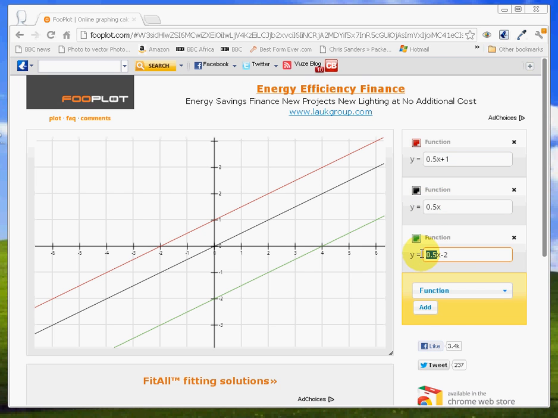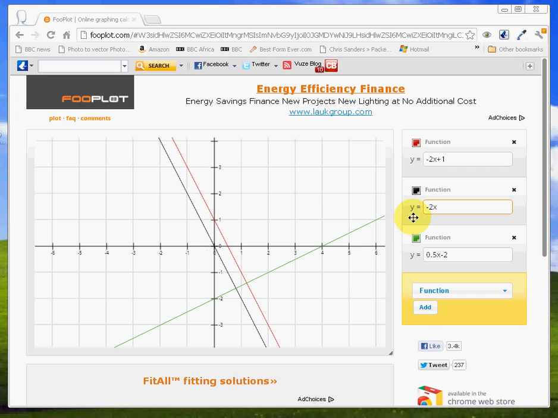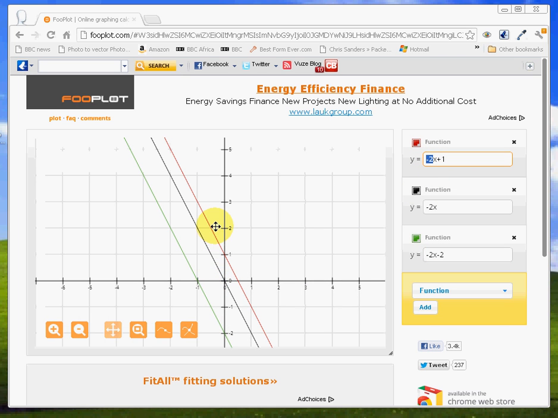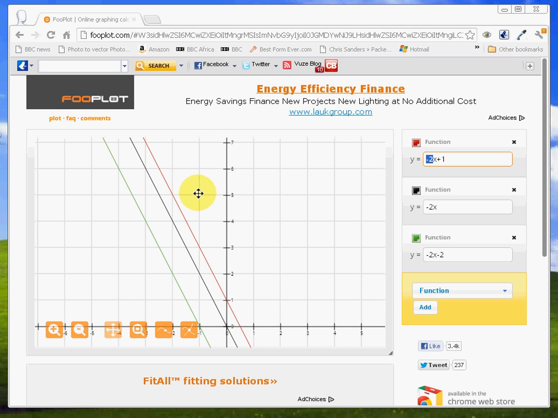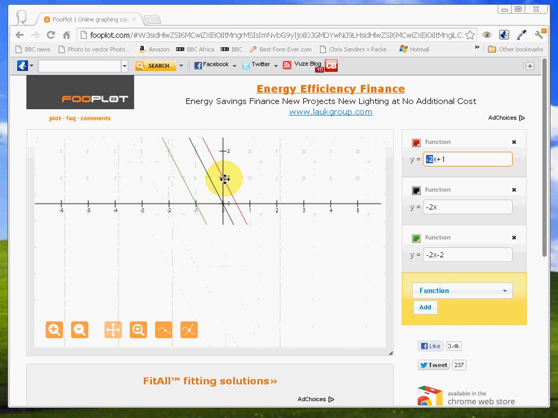What if I make that negative? What if I made that minus 2? They're all still parallel because they've all got the same number at the front, but it's minus 2, so that's a negative slope. If I look at this red one here, let's take it from that point there. 1 along, 2 down, 1 along, 2 down, 1 along, 2 down.